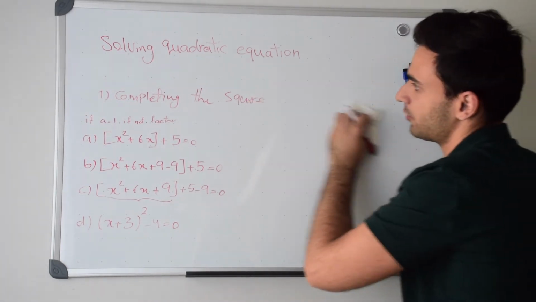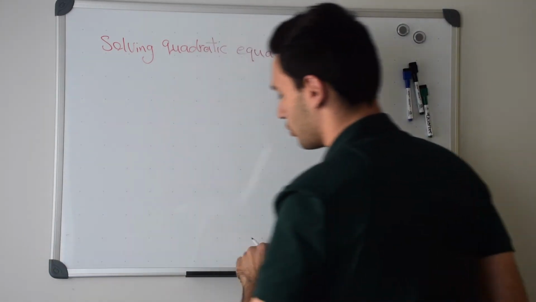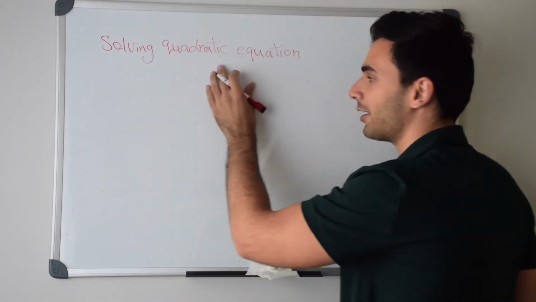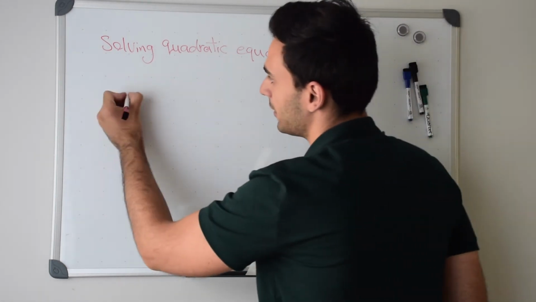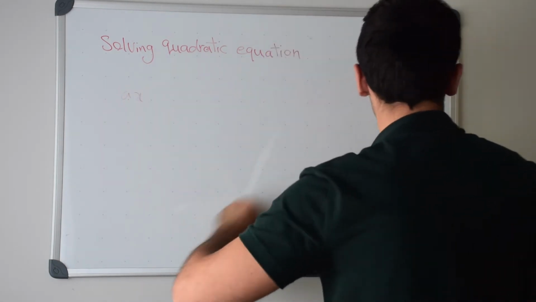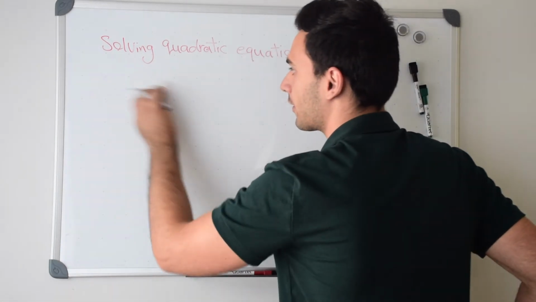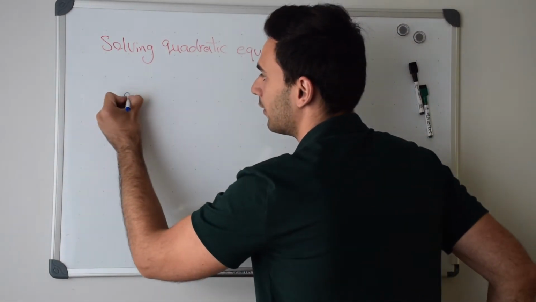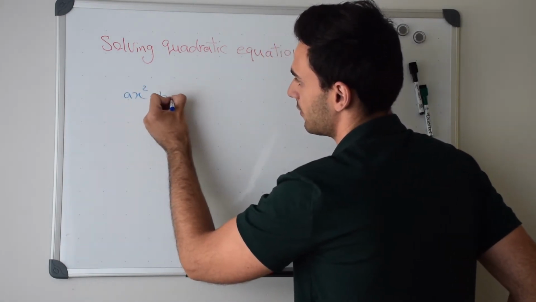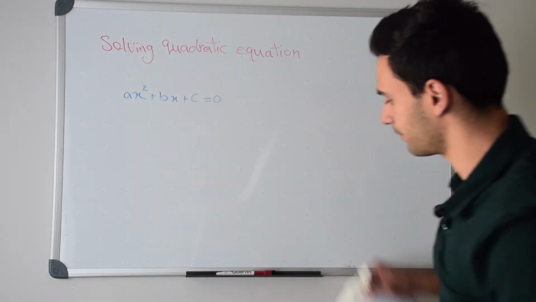The next, another way to solve the quadratic equation, is by using the quadratic formula, right? So the general form of a quadratic equation can be written as ax squared plus bx plus c equals 0.